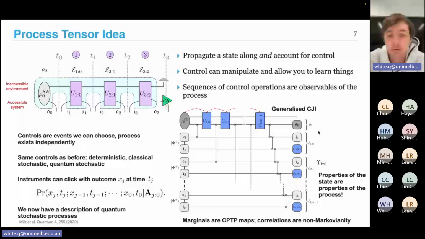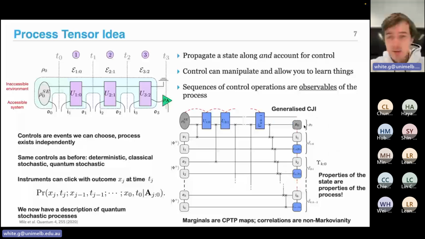So it allows us to understand temporal correlations using our usual quantum information toolkit. So properties of the state are properties of the process, and a process is Markovian if and only if this resulting many-body state is a product state.